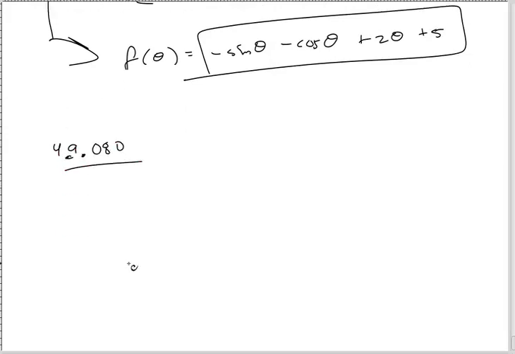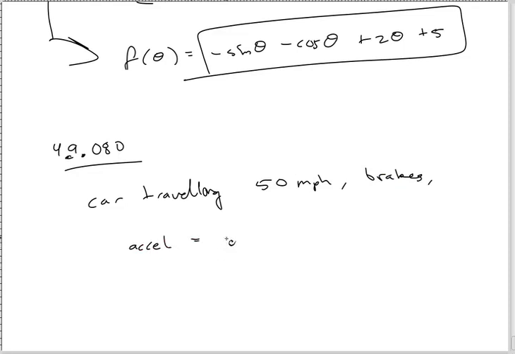49080. It's a word problem. A car is traveling at 50 miles an hour. And then he applies the brakes. And his acceleration, don't get me started on that, is a negative 24 feet per second squared. It's deceleration.